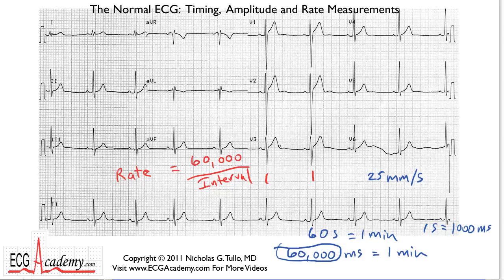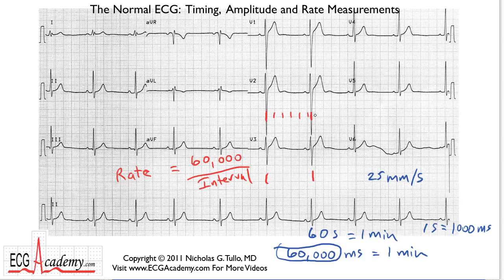Well, you simply count. If you know that each big box is equal to 200 milliseconds, make it easy on yourself. Scan the ECG and look for a QRS complex that lands on a heavy line. Okay, right here. Now if you measure how many milliseconds it is from one beat to the next, and you know that a big box is 200, let's count off 200 milliseconds, 400, 600, 800, 1,000.